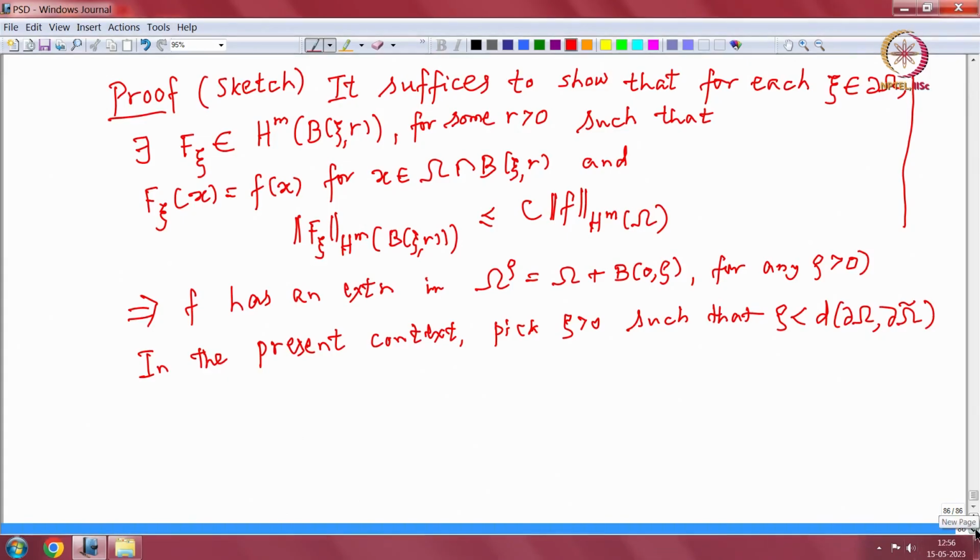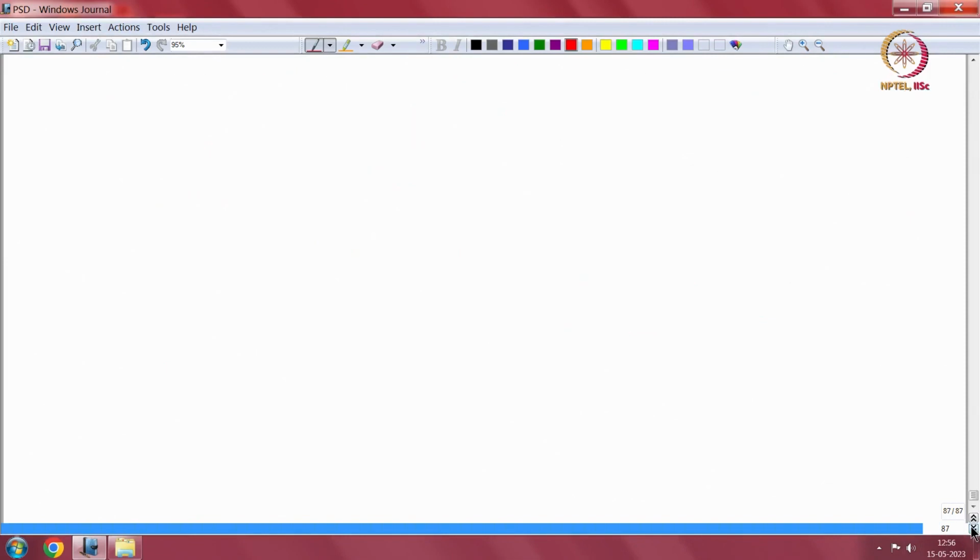That is where we use the hypothesis that the boundary del omega is of class CM.